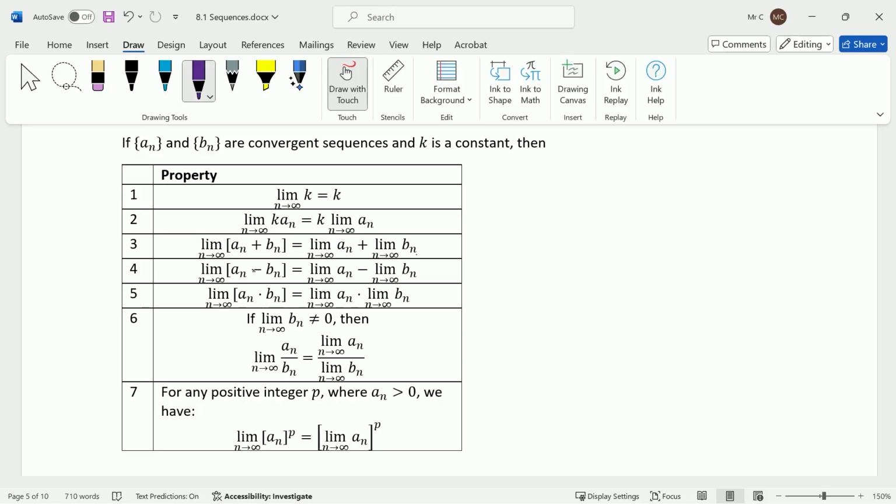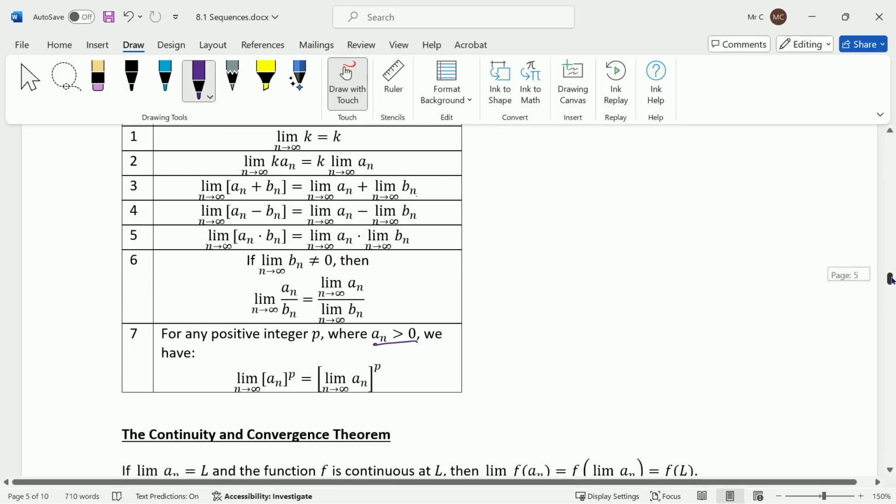You can split up limits on sums, on differences, on products. You can split them up on quotients as long as the limit of the denominator isn't 0. And you can also pull powers inside of a limit, outside of the limit, assuming that all the terms are positive. That is an important condition for the 7th property there. So these are the same standard properties that you had for limits with Calc 1, so nothing new there.